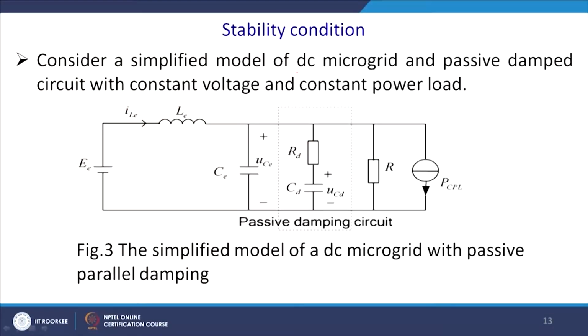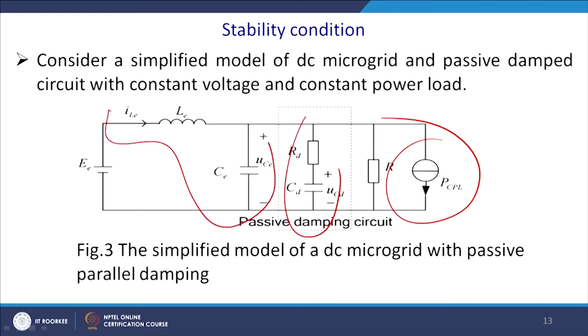So, consider a simplified model of the DC microgrid and the passive damped circuit with the constant voltage source and constant power load, that is the CPL, and this is the filter part of it, and you add extra damping resistance to damp out the oscillation, that is Rd and Cd. This is the simplified model of the DC microgrid with the parallel damping.